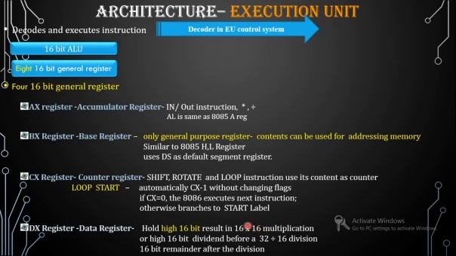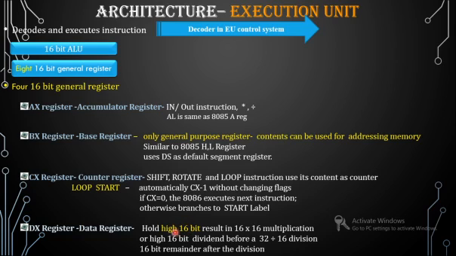So what will be the result? The result will be 32-bit data. Is it possible to store 32-bit data in any of the registers in the 8086? No, because all the registers in the 8086 are 16-bit registers. So there is a high part of the 32-bit result which is not stored anywhere, right?